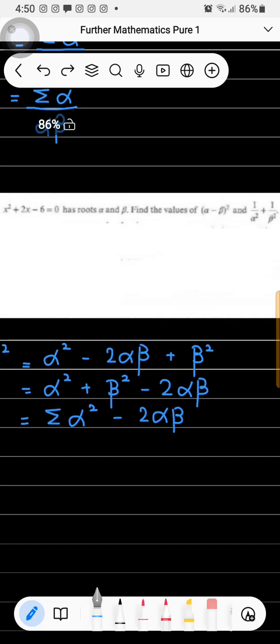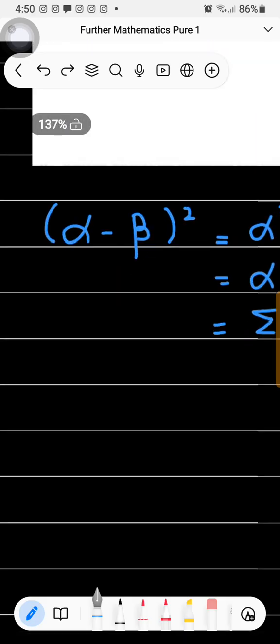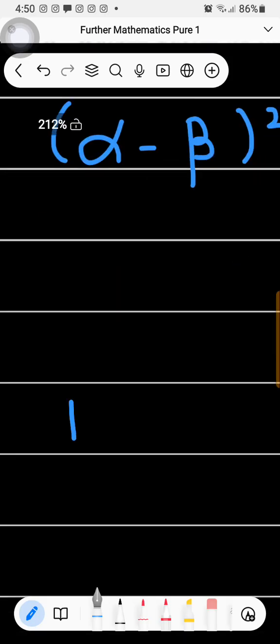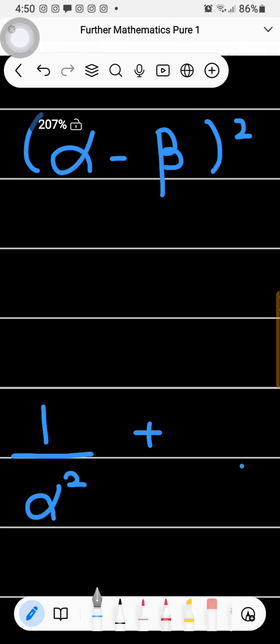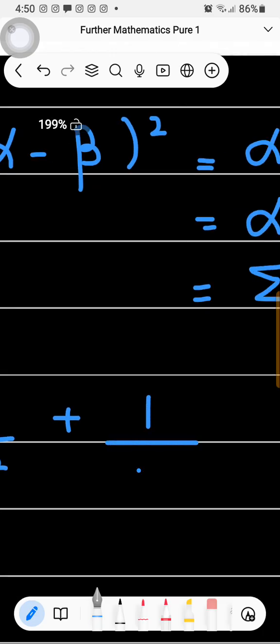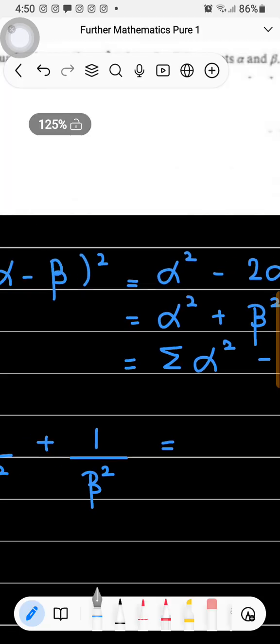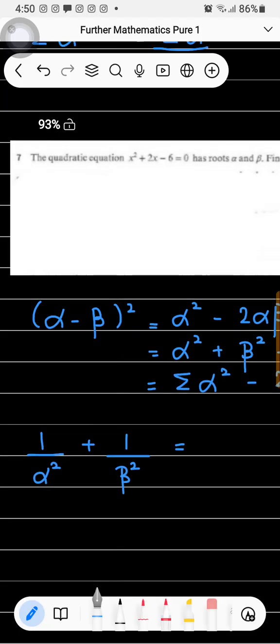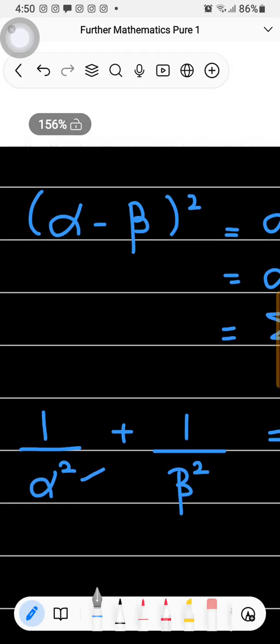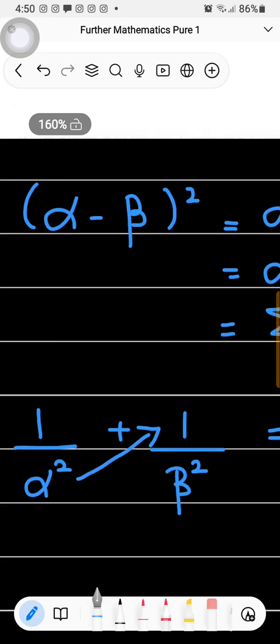To derive the formula for this, the question gave us 1 upon alpha square plus 1 upon beta square. This is what the question is asking. What we had learned is that this will go there and this will go there.